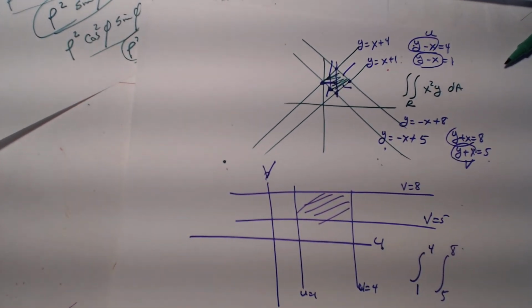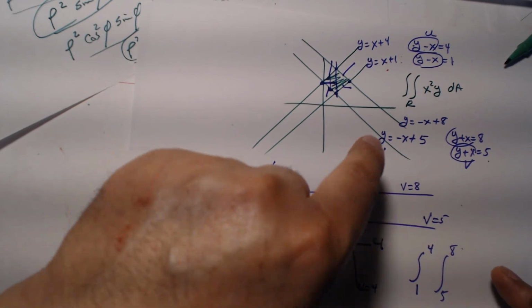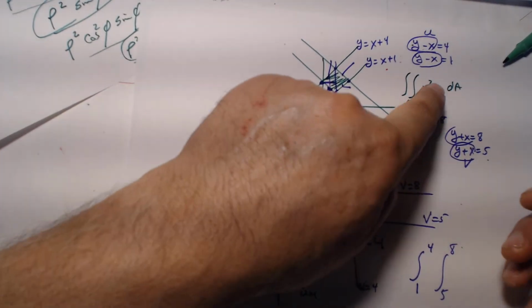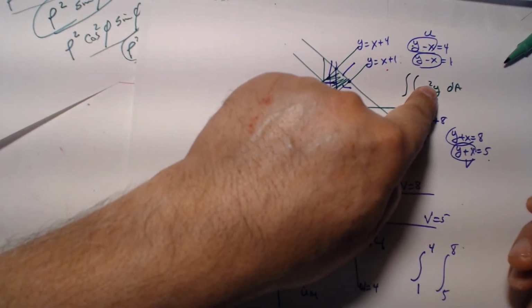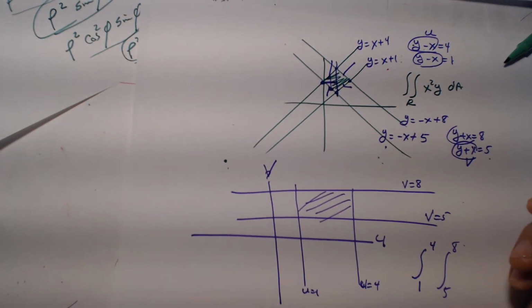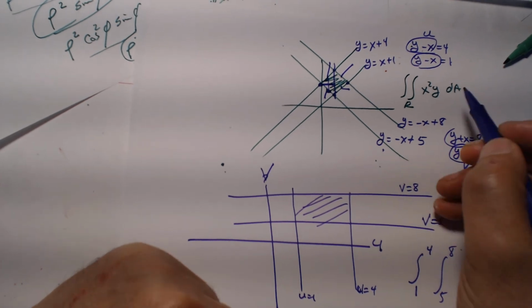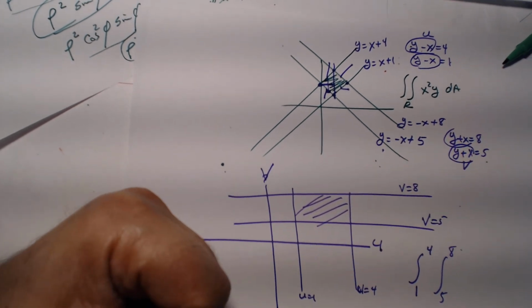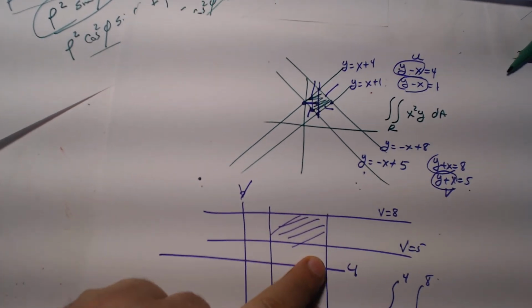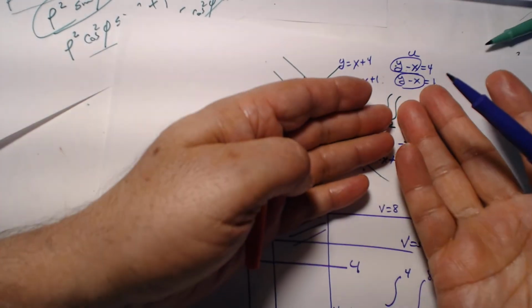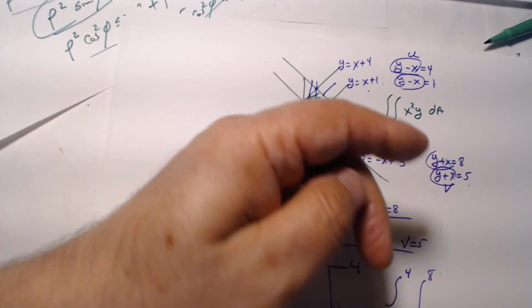But somebody said, what are you going to do for x squared? I'll let you know in a minute. What are you going to do for the region? I know in a minute, because I changed a variable, I need one of those factors. Then let's see what I'm going to replace for x squared and y.